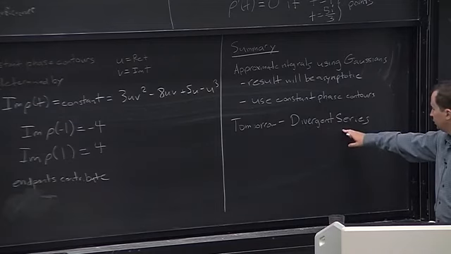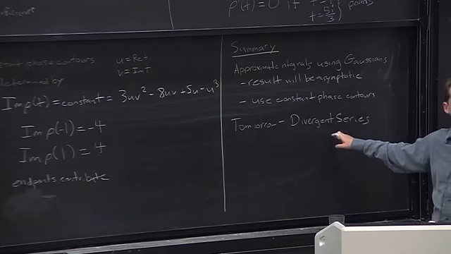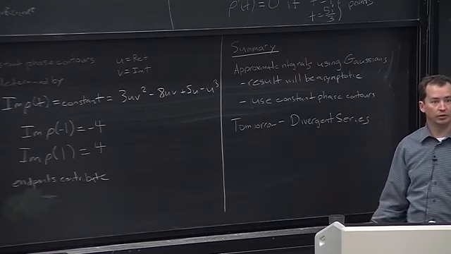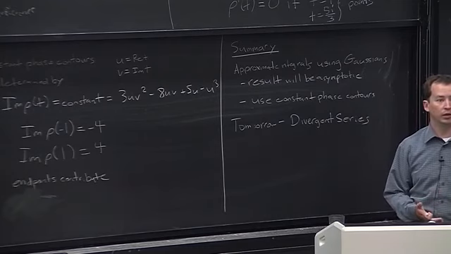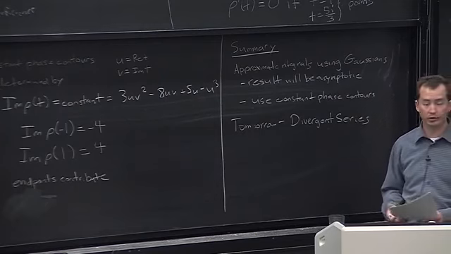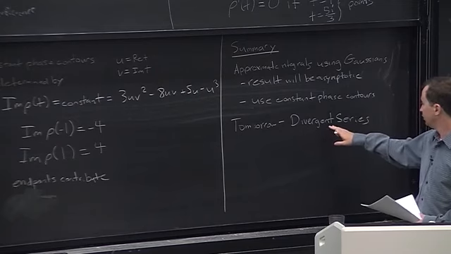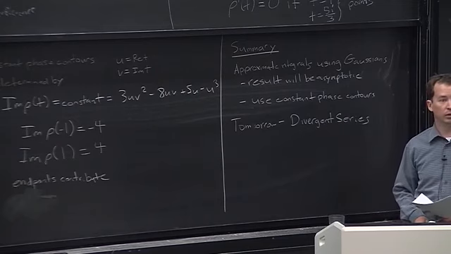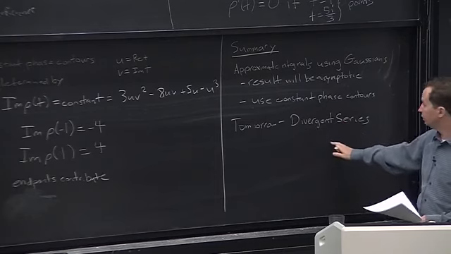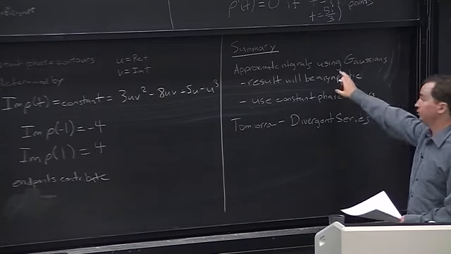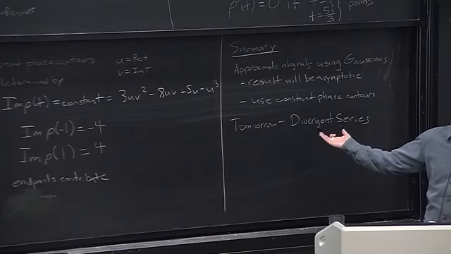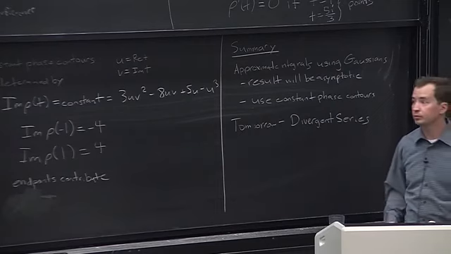Tomorrow I'll argue that it makes mathematical sense to assign a finite value to a divergent series. Clearly you're not going to do that just by summing up all the terms in the series, but there is a way in which we can assign some meaning to a divergent series, and we'll also discuss how we can interpret the asymptotic series we get by using this saddle point approximation. So that's where we're going.